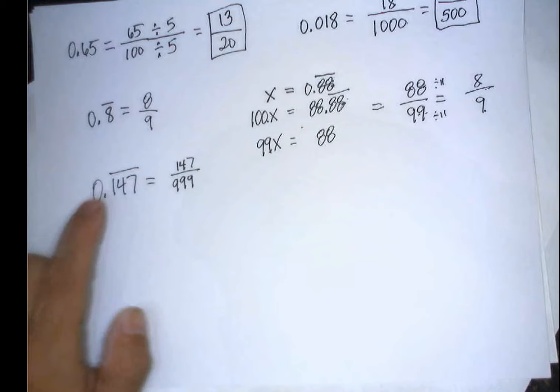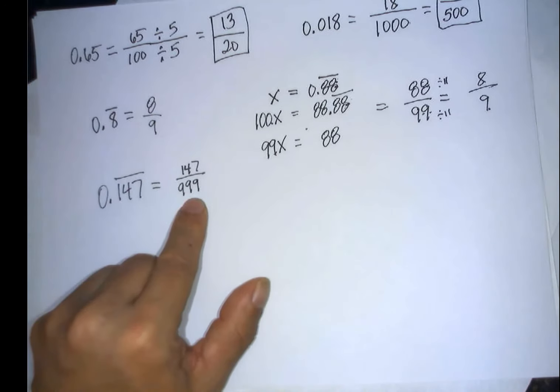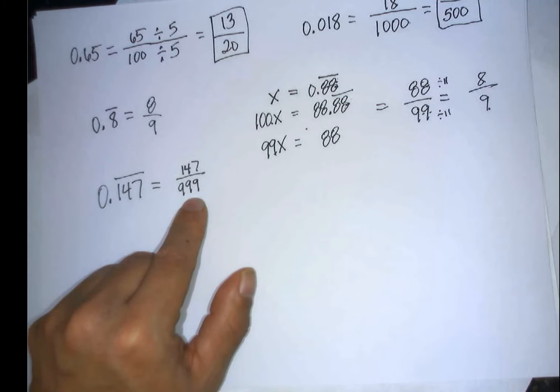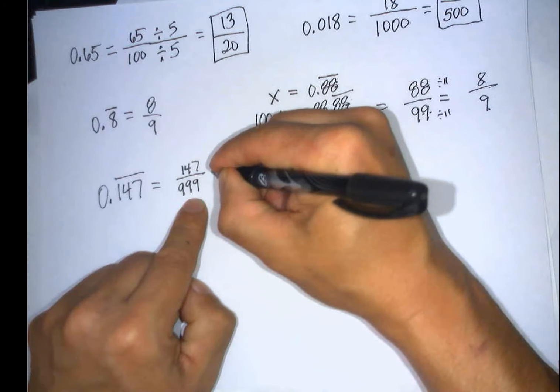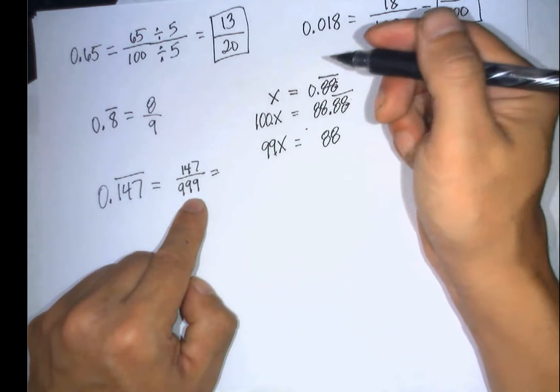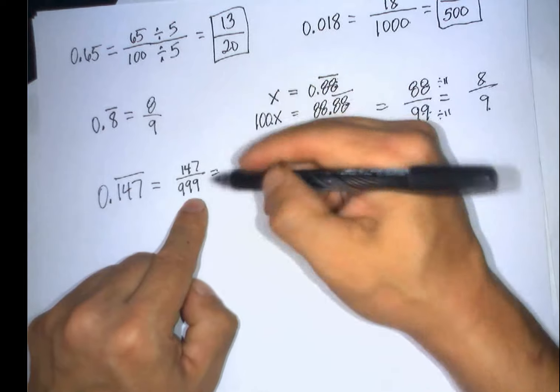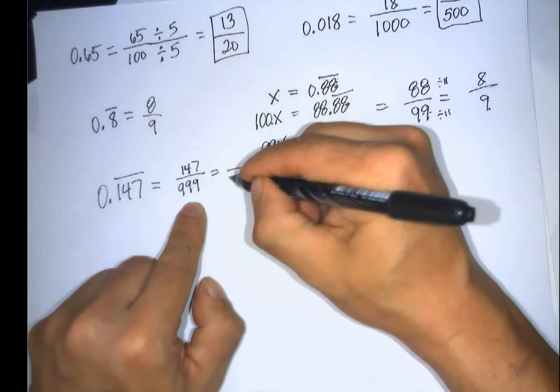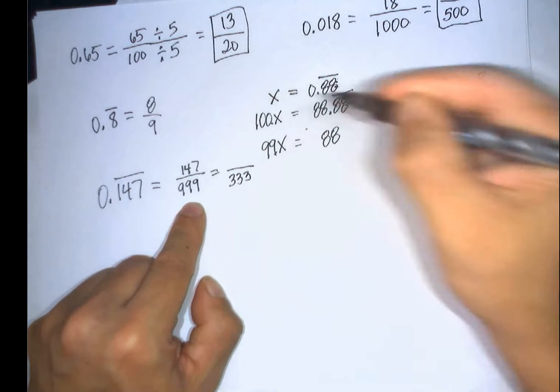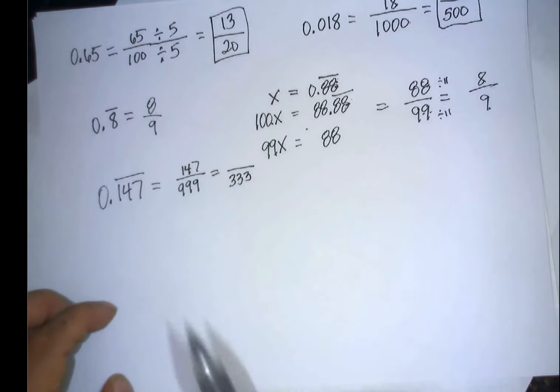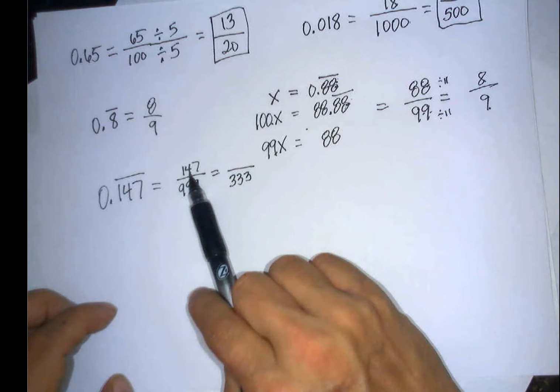Now this 999 is definitely divisible by 3. It's also divisible by 9, but let's divide both of these by 3. The bottom divisible by 3 is easy. It's 333, right? Now this one, well, let's just think about 150.